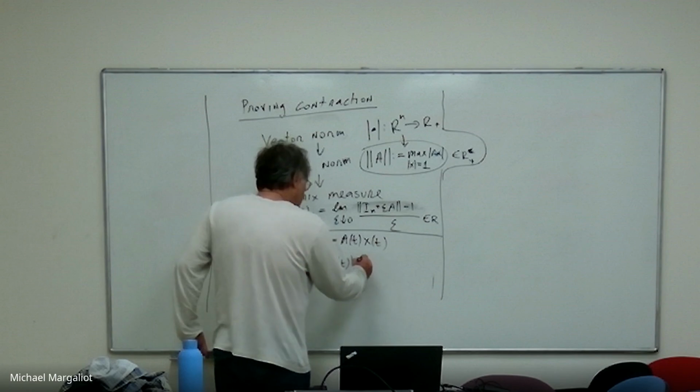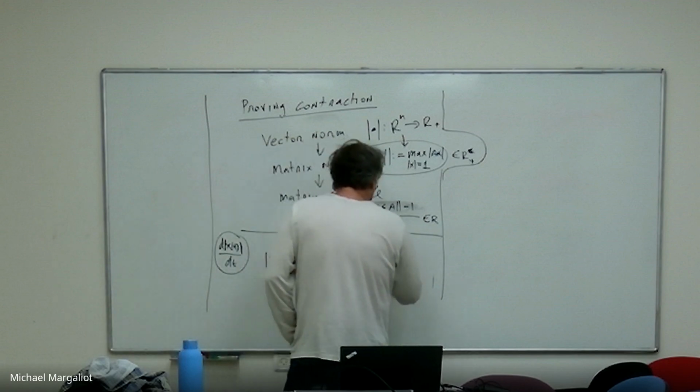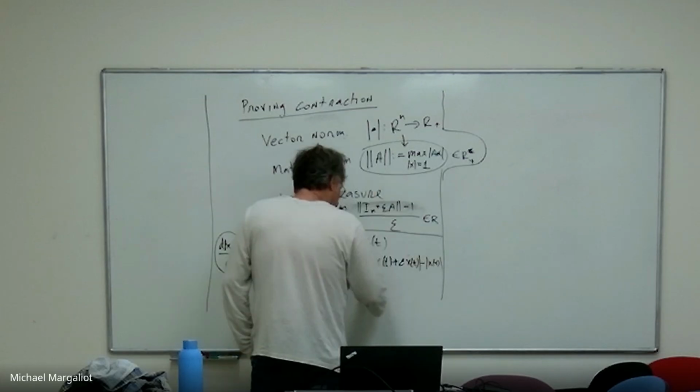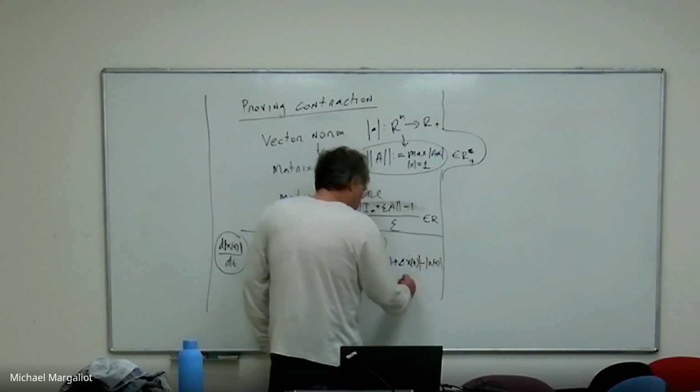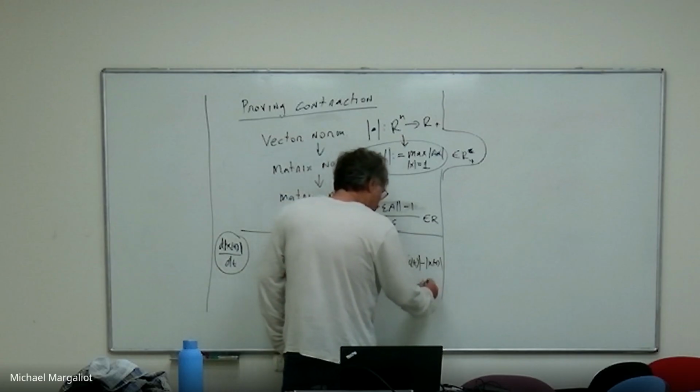To first order in epsilon, this is x(t) plus epsilon A x(t) minus x(t).